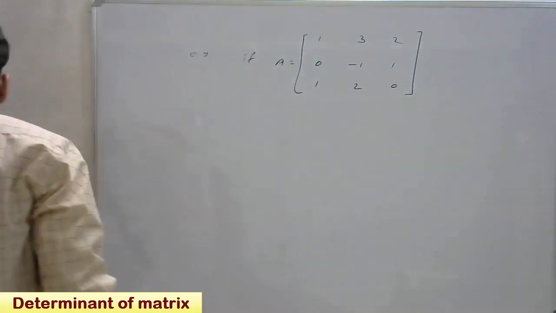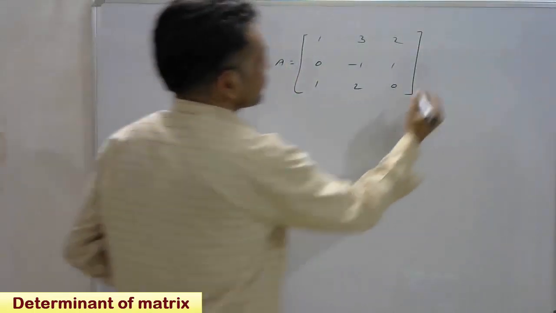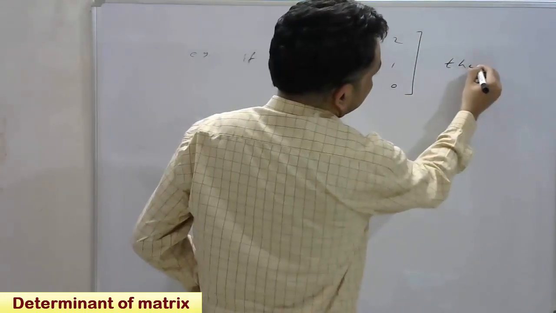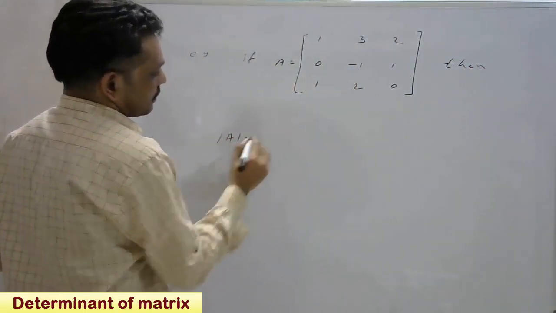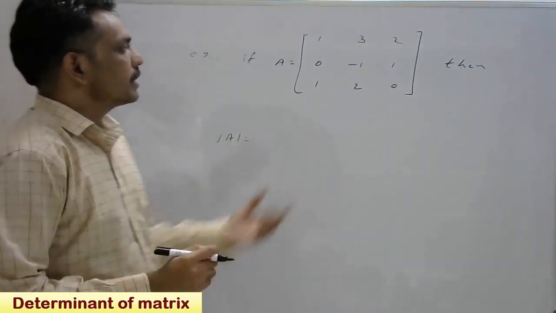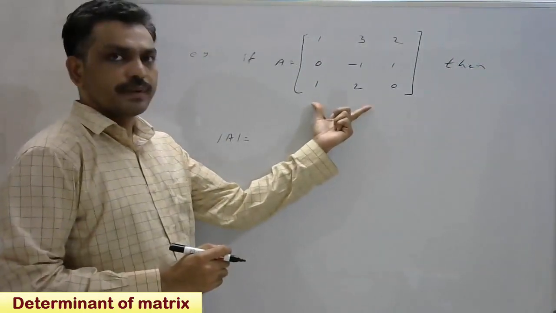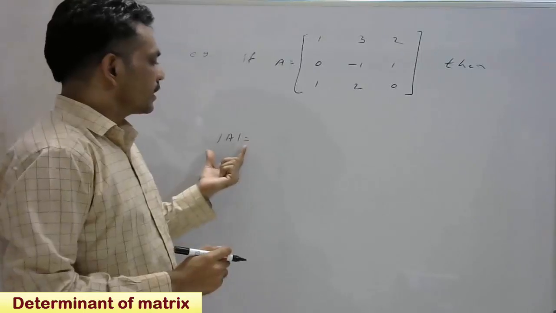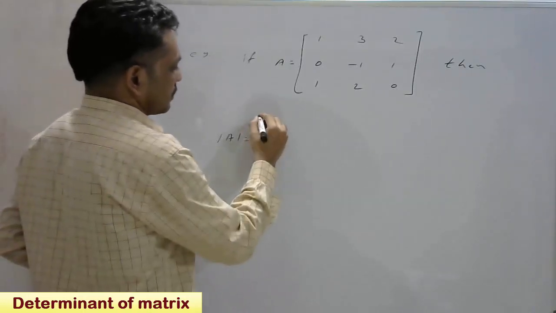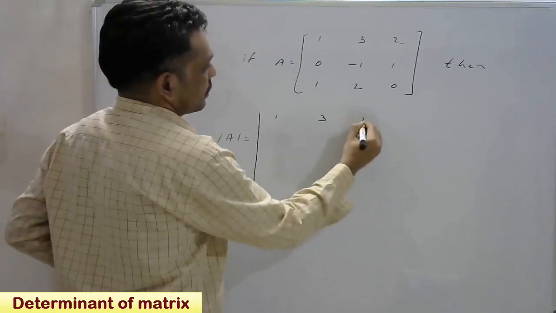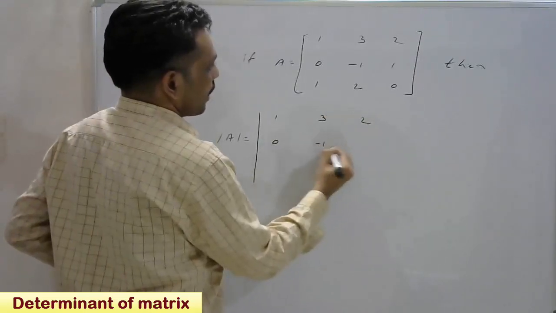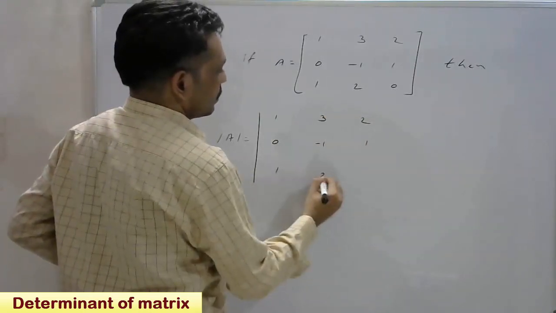Here the given matrix is A, then the determinant of A is the determinant with rows 1, 3, 2; 0, minus 1, 1; 1, 2, 0.